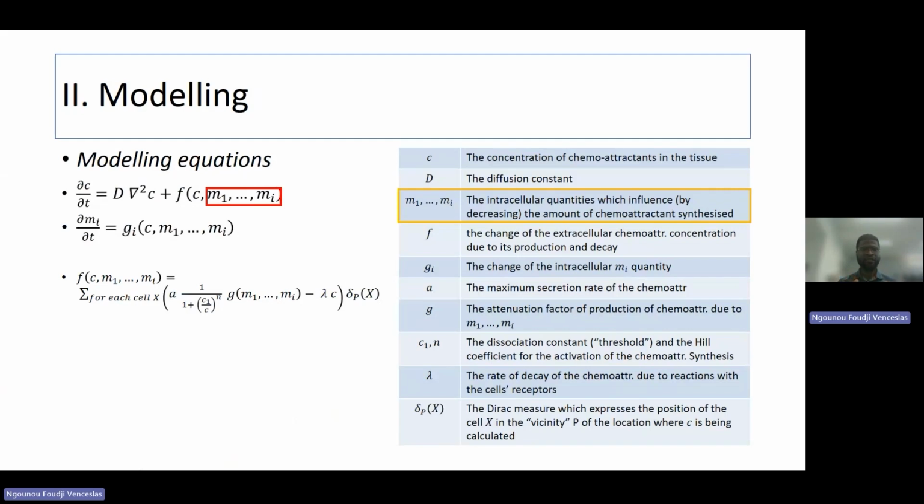There is a cascade of reactions happening, and you can imagine that some molecules may attenuate or inhibit the production of the chemoattractant. And since we consider the intervention of these intracellular quantities, it is also important to model their change by an arbitrary function that I have represented here as Ji.